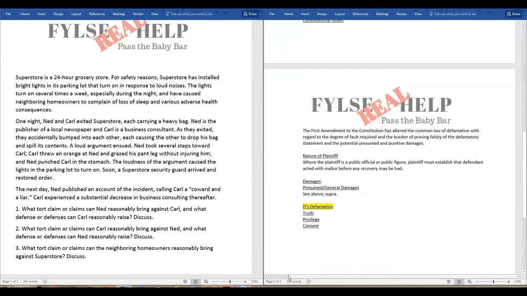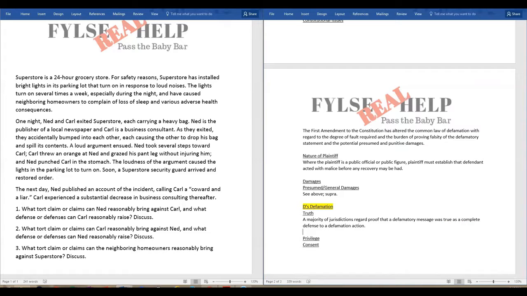So we're going to throw our rule statement down here on truth: a majority of jurisdictions regard proof that a defamatory message was true as a complete defense to a defamation action.